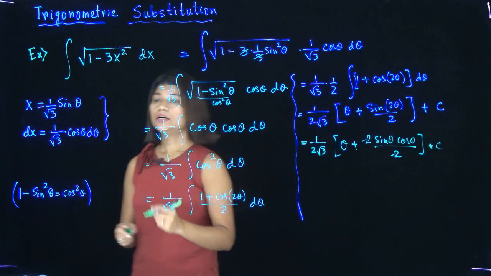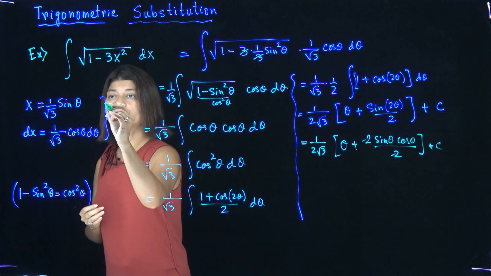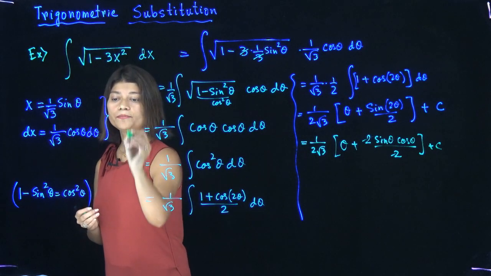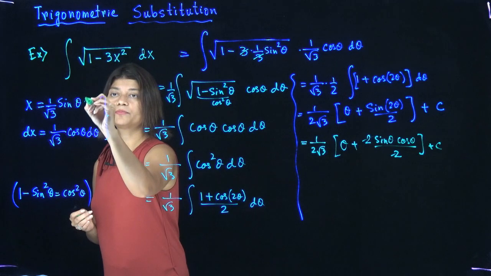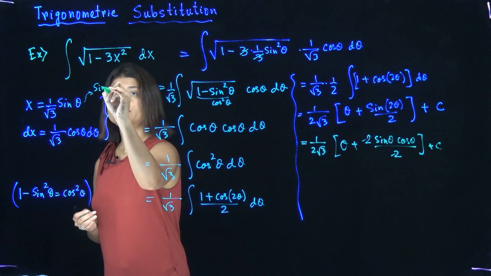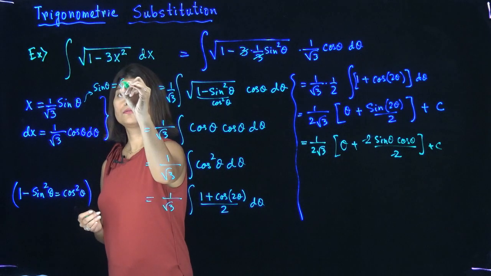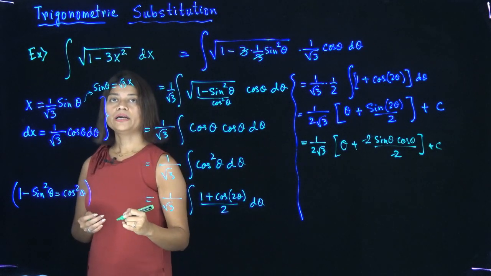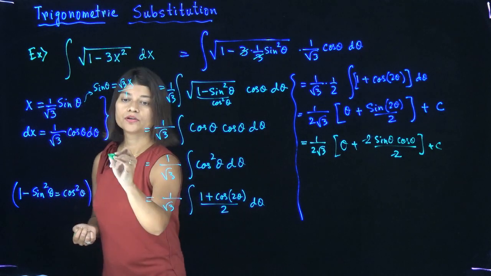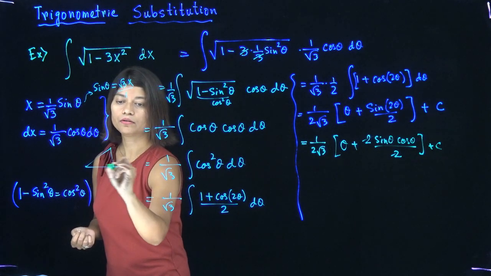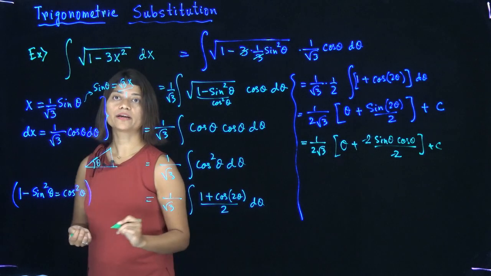All right, let me come here and draw the triangle. Let's solve for sine theta. Sine theta is square root of 3 times x, and there is no denominator, which means the denominator is 1. When I'm drawing my little triangle, here is my theta, see it's a single angle, theta, not a double angle.